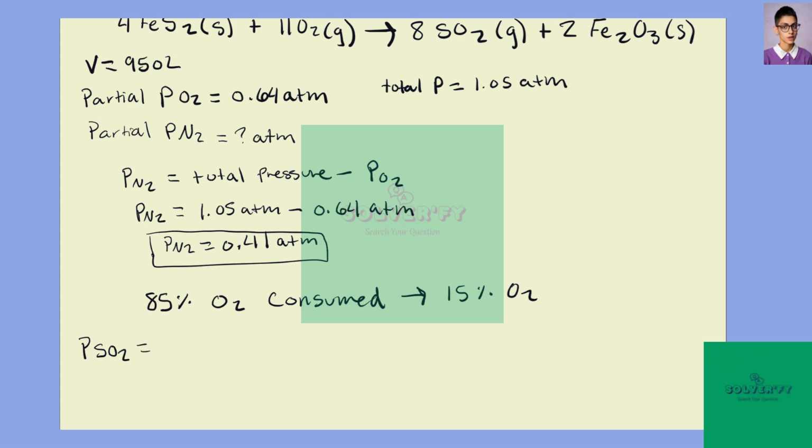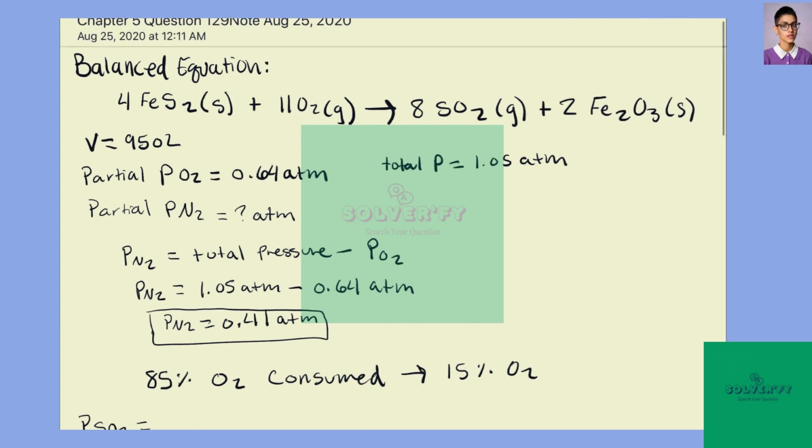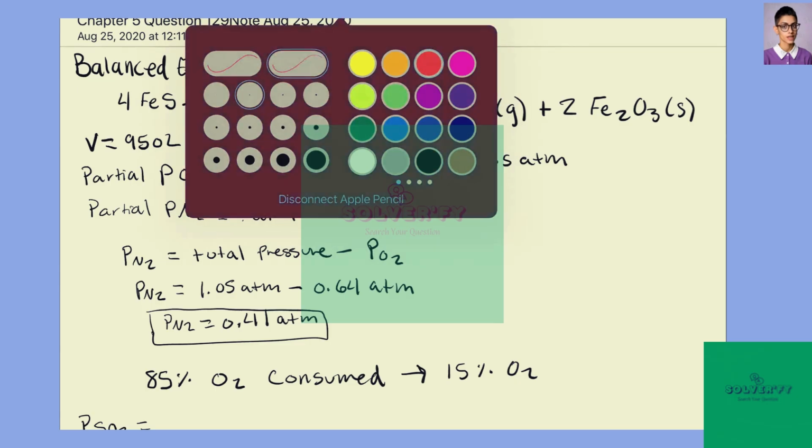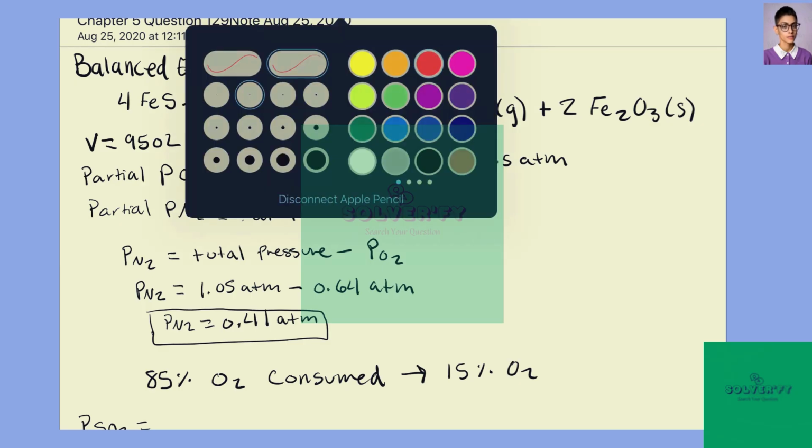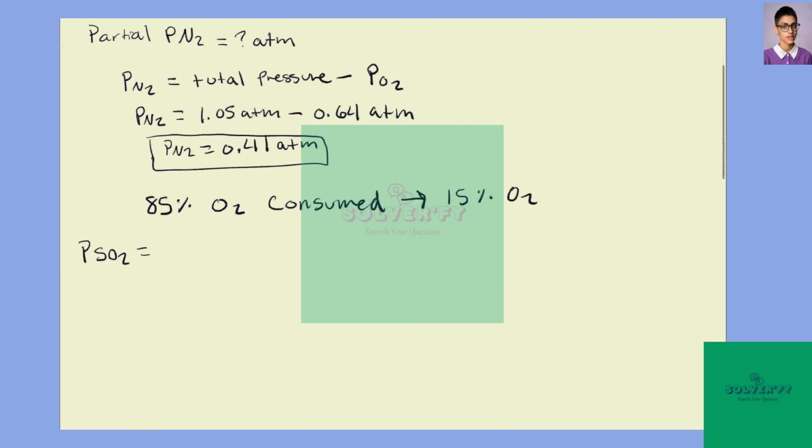To do this, we're going to have to go back up to our balanced chemical equation. So we see that for every 8 moles of sulfur dioxide, we have 11 moles of O2. We're going to be using this molar ratio so that we get the correct atmosphere for sulfur dioxide.